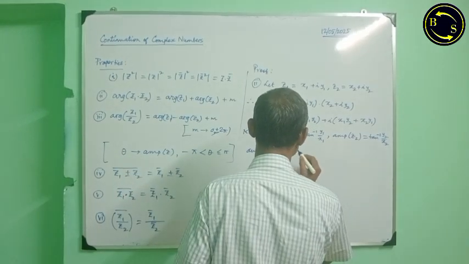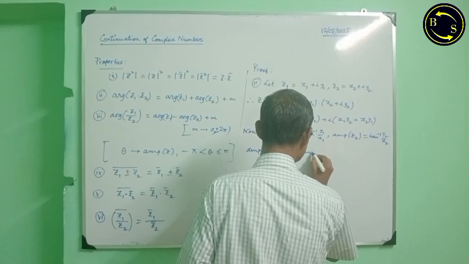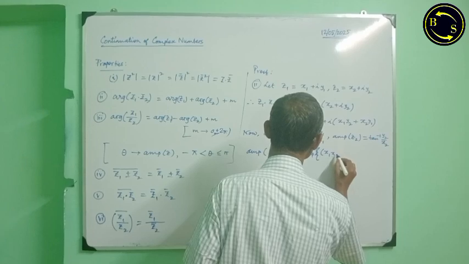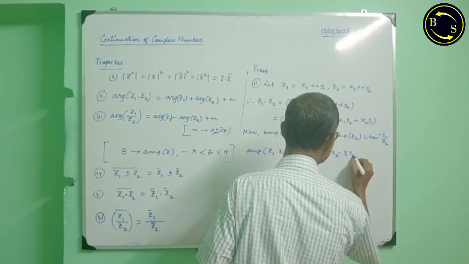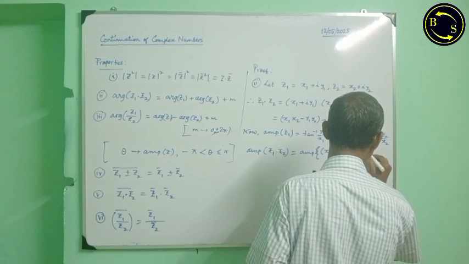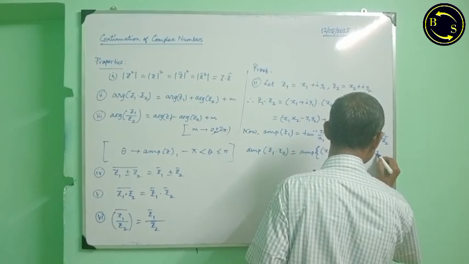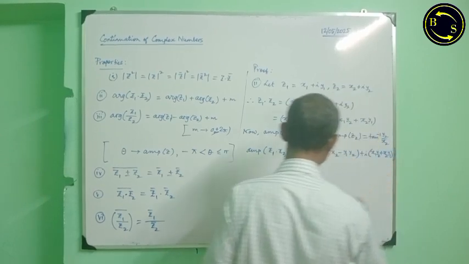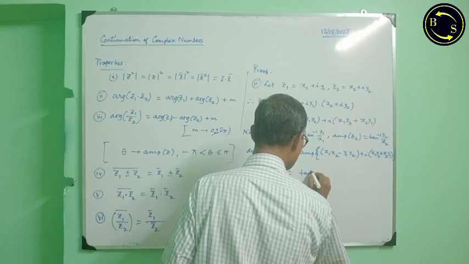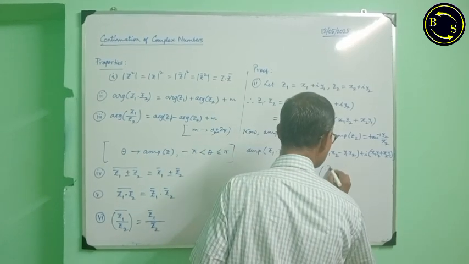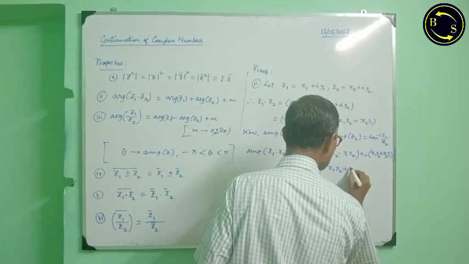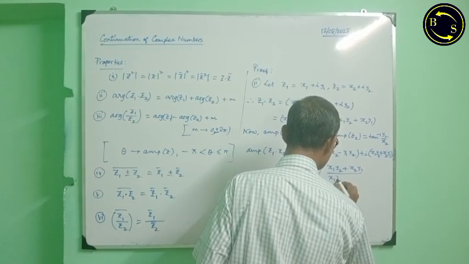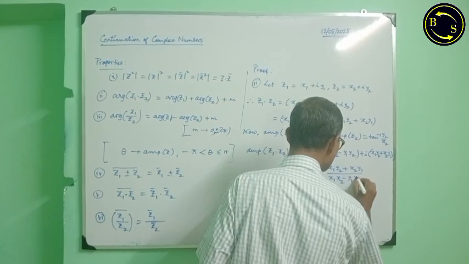that will be equal to the amplitude of x1 x2 minus y1 y2 plus i times x1 y2 plus x2 y1, that is equal to tan inverse of x1 y2 plus x2 y1 by x1 x2 minus y1 y2.